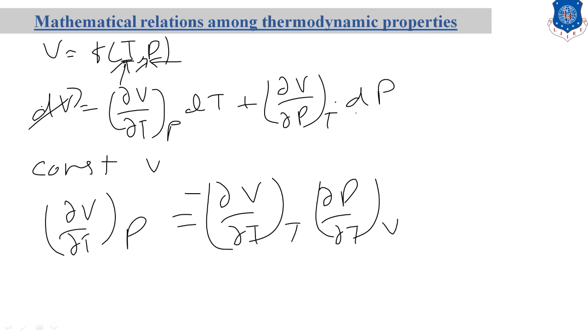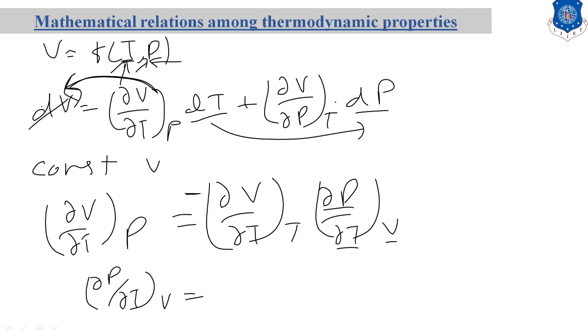Taking this to the other side, we get the minus sign. So this becomes our next equation. Now rearranging the equation, we will get del P upon del T at constant volume is equal to minus del V upon del T at constant pressure upon del V upon del P at constant temperature.